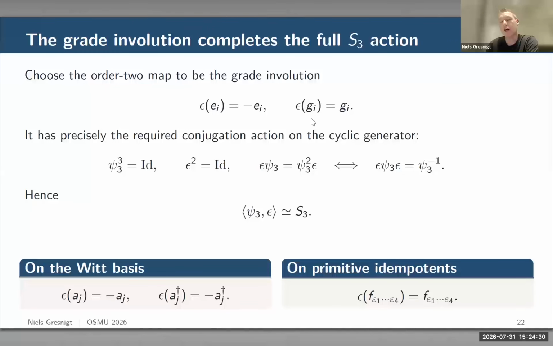And then because the GIs were even elements in the algebra, they are fixed. And then you can check that psi3 and epsilon generate S3. And then, of course, we can also check the effect of epsilon on the Witt basis and on the primitive idempotents. And we find that they fix the primitive idempotents, but change the sign on the Witt basis.